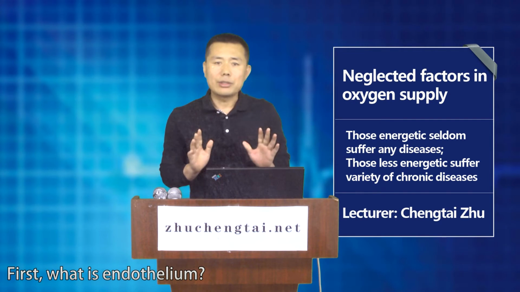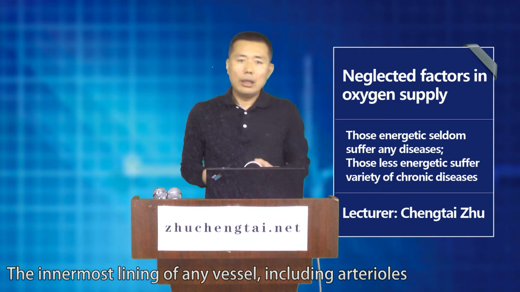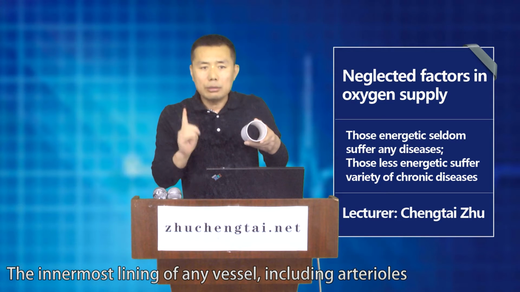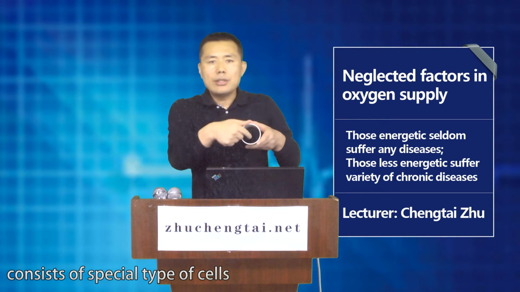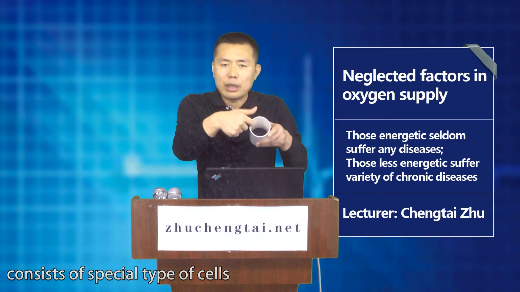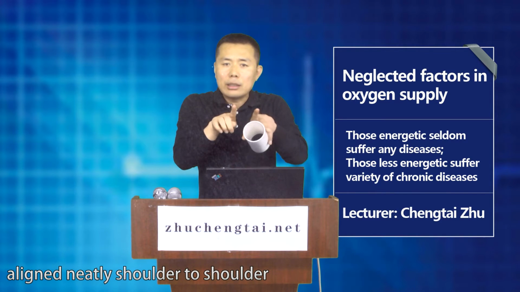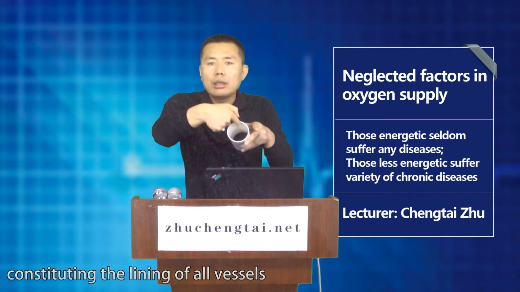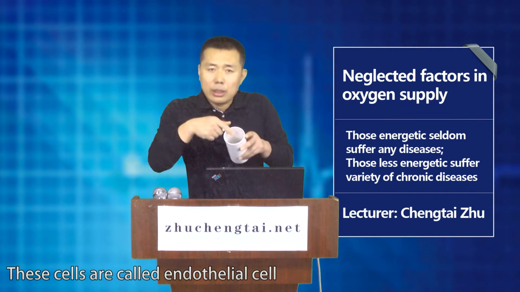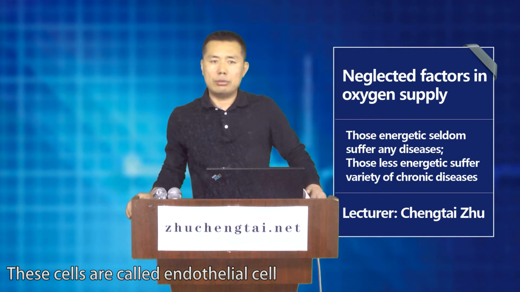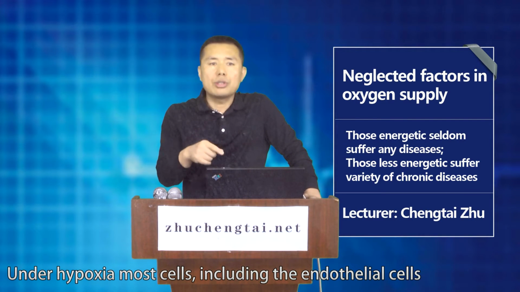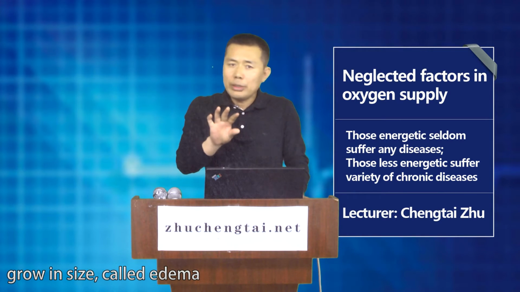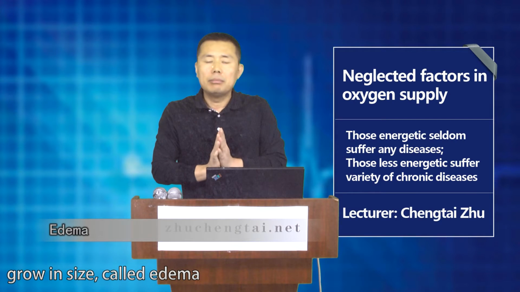First, what is endothelium? The innermost lining of any vessel, including arterioles, consists of a special type of cells aligned neatly shoulder to shoulder, constituting the lining of all vessels. These cells are called endothelial cells. Under hypoxia, most cells, including the endothelial cells, grow in size, called edema.